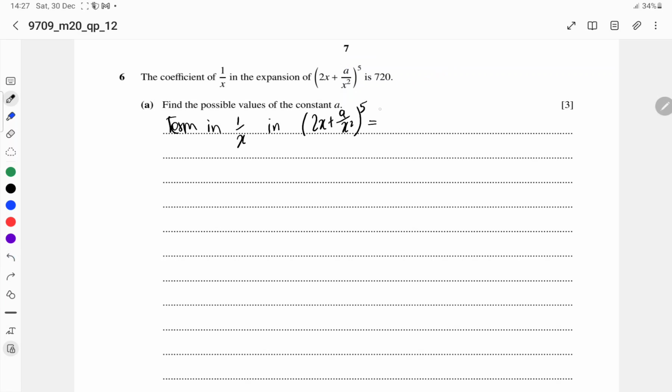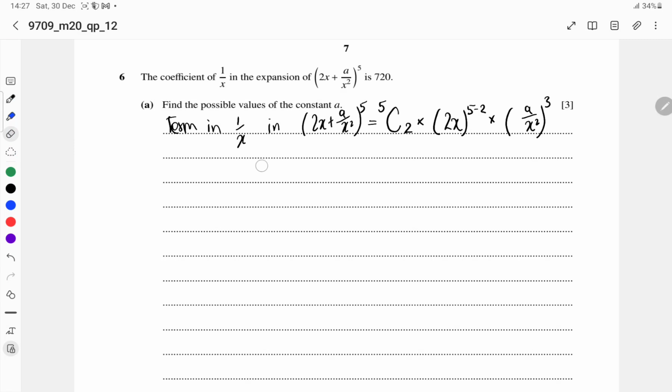So what we need to do is 5C3 or 5C2, it doesn't matter, nCr. Then x to the power n minus r, so let's write it as 5C2 times (2x) to the power of 5 minus 2, and then the term a over x squared is going to get the power of 2.